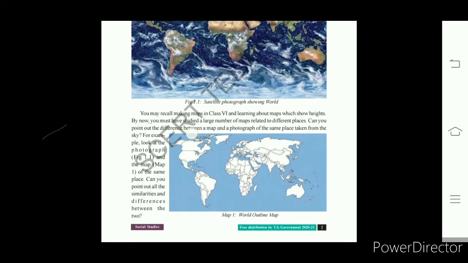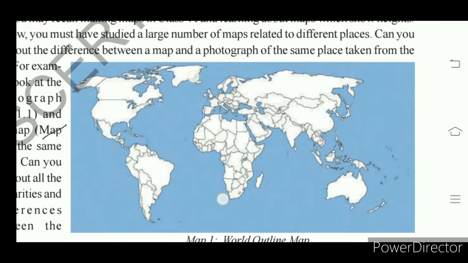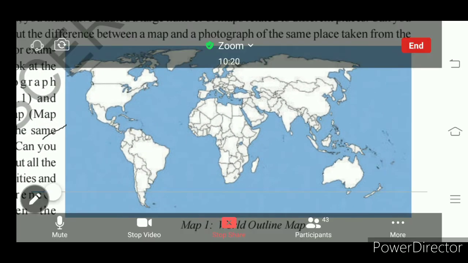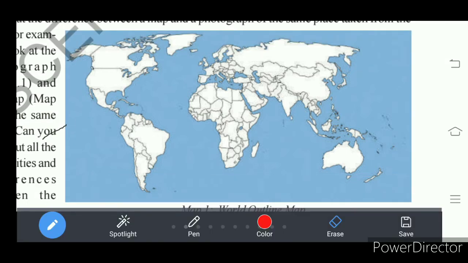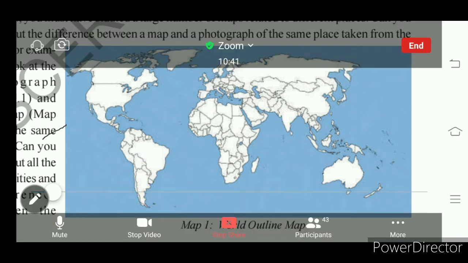And the second one, world map. What do we see here? We see continents, oceans, and states in all these continents. And states, that is countries.